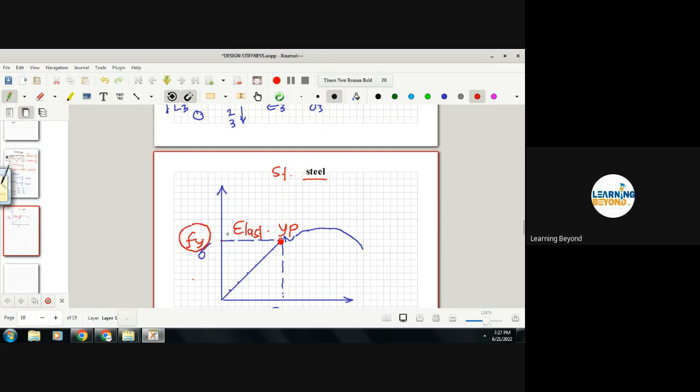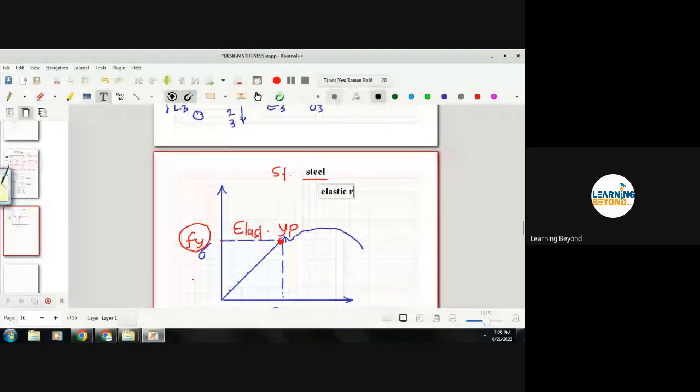So whenever we design any structures, either steel structure or other, do we design for the Fy value?